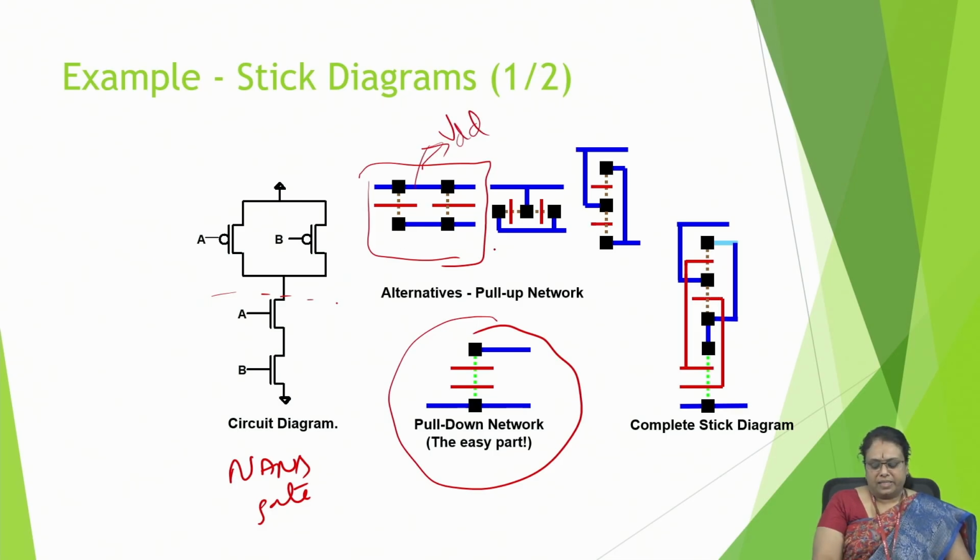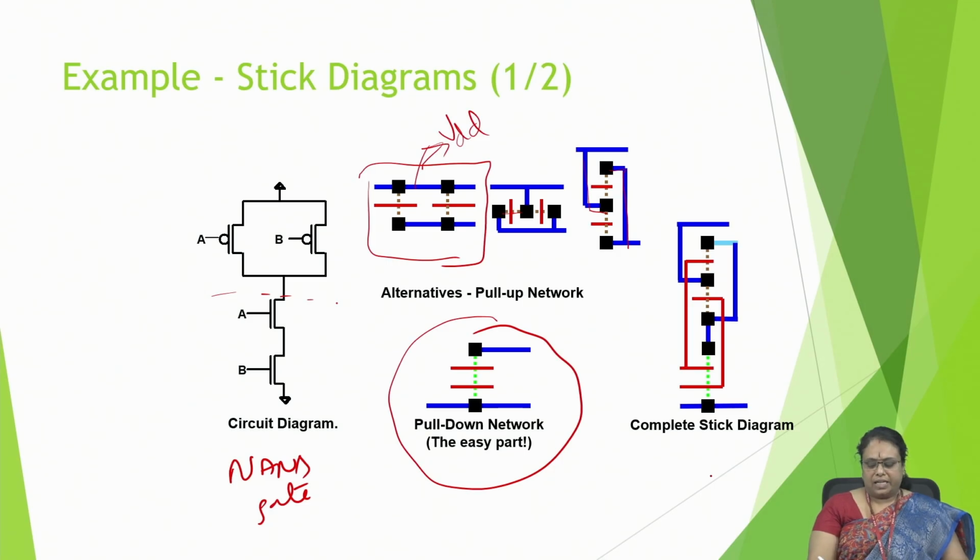And the other form is, see, you can also draw in this manner. You can take P diffusion horizontally and cross it with poly. You can combine these two and also make the connection of the pull-up network. Here again, this is another format where you can see this connection is parallel, which is made here. Using any of these pull-ups, you can draw your stick diagram.